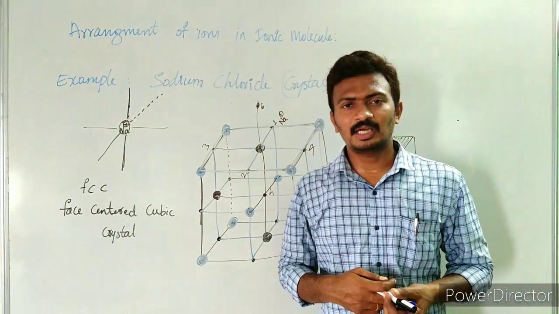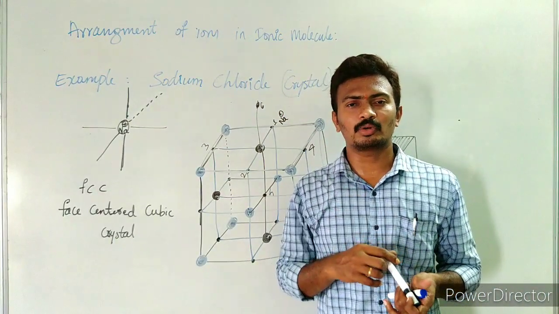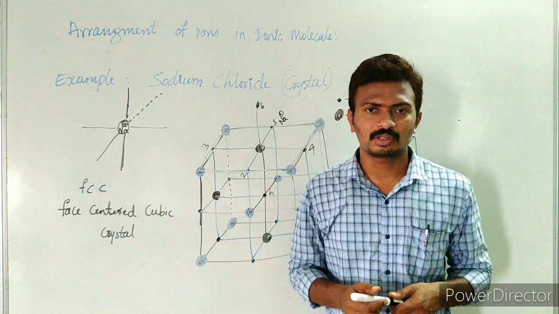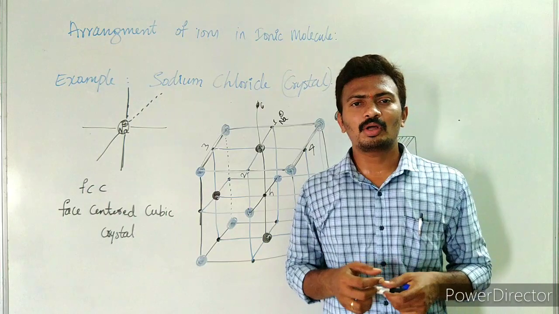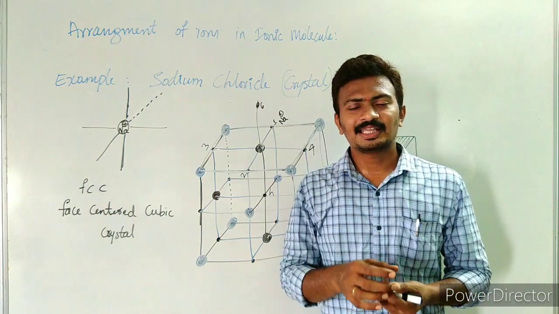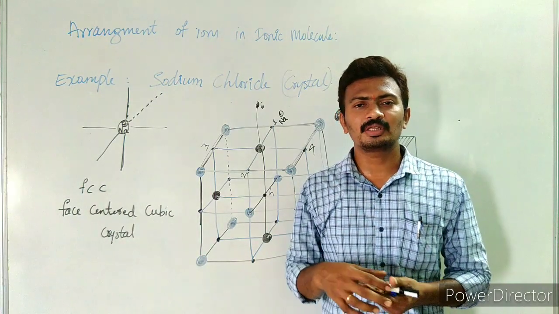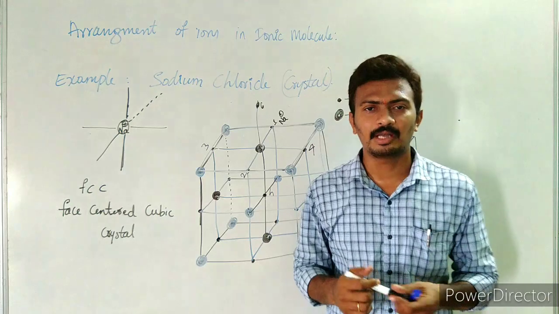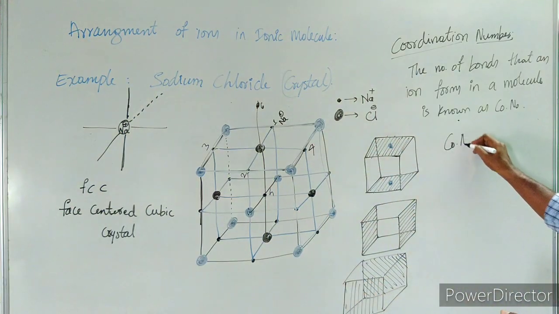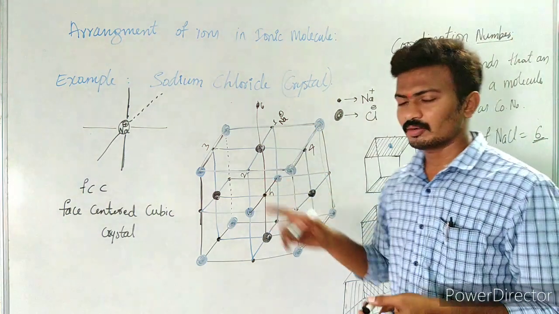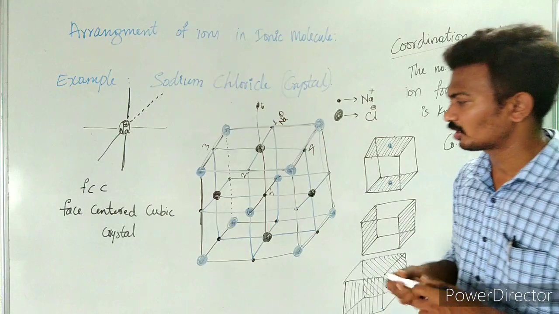This number we call the coordination number. The number of bonds that an ion forms in an ionic molecule is known as coordination number. The coordination number of NaCl is 6 because every ion will be surrounded by 6 counter ions.